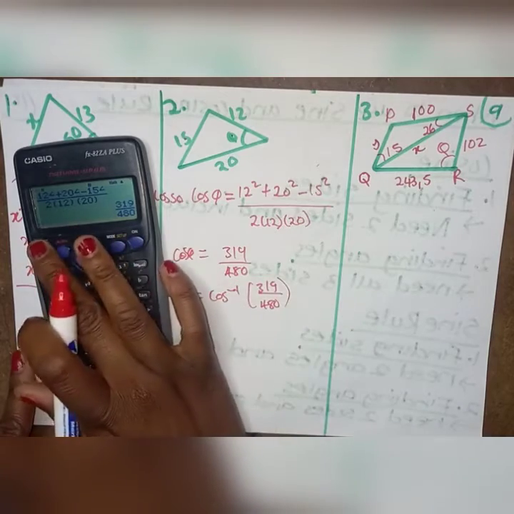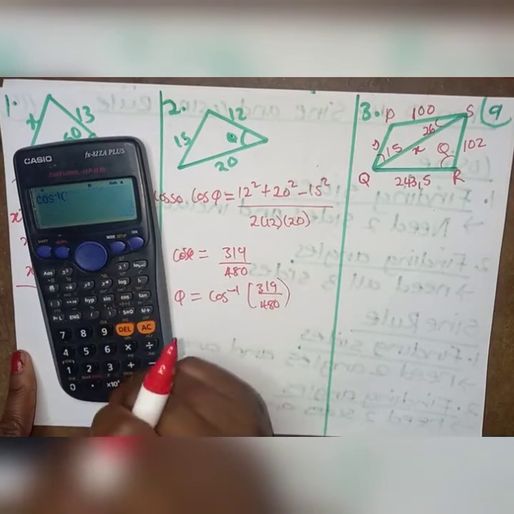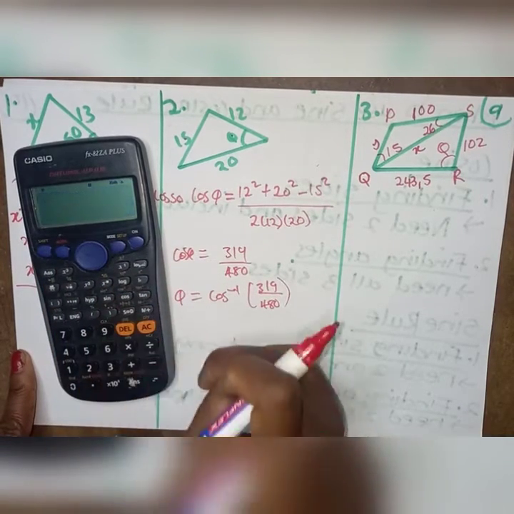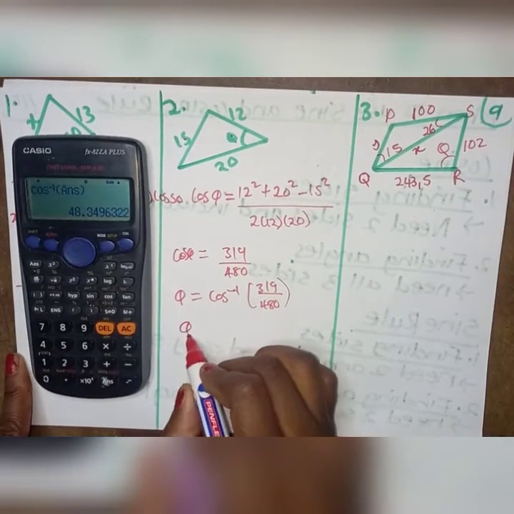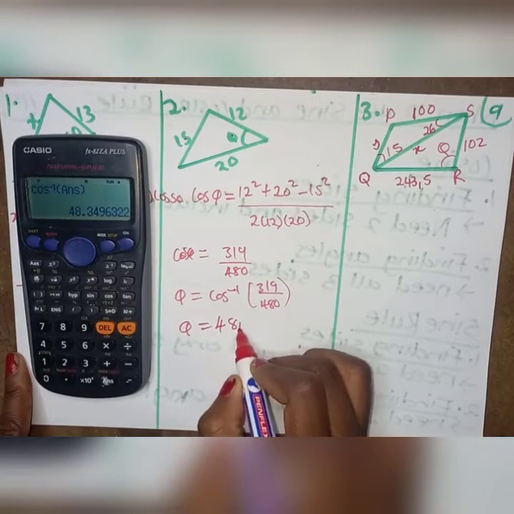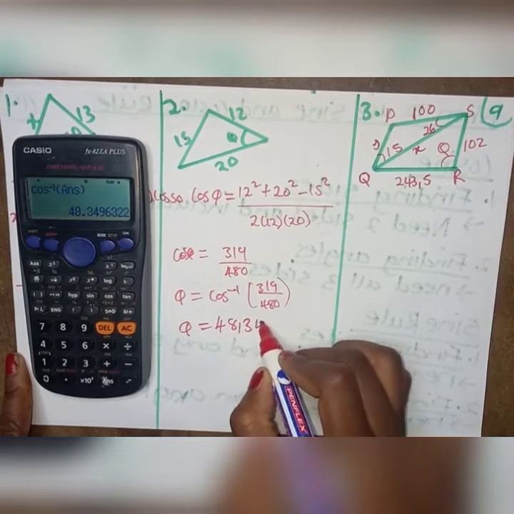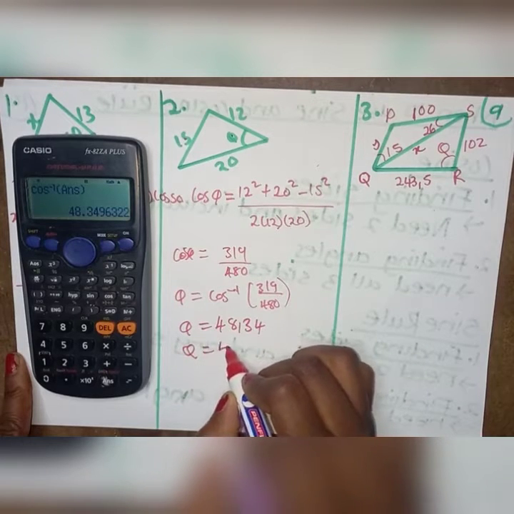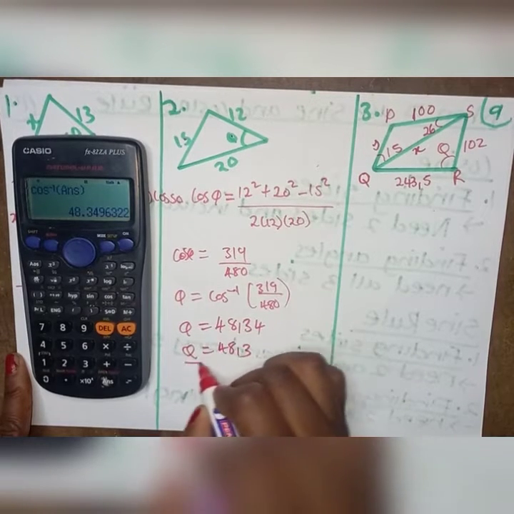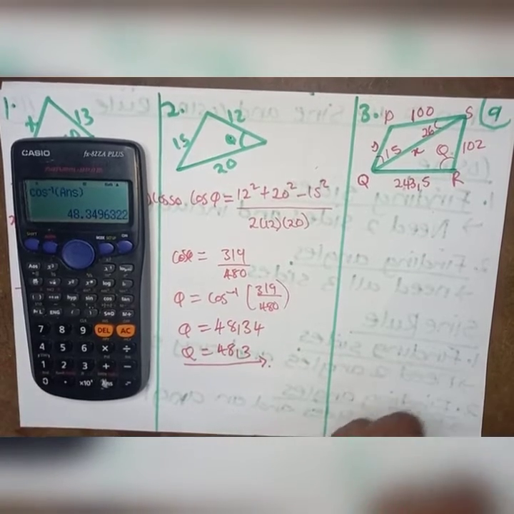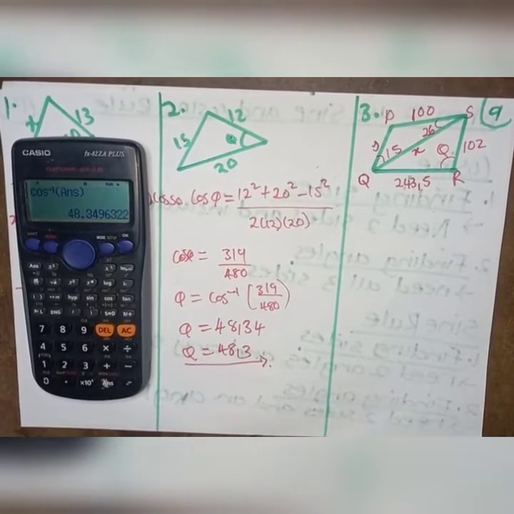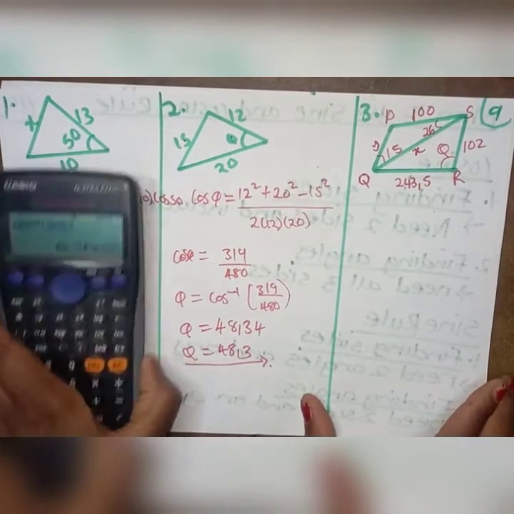So I'll just say shift cos, my answer, close bracket, and then I get my solution for theta as 48.34. So theta is equal to 48.3. Okay. Hopefully you guys were following. And then try and do the last question on your own and see if you are able to apply the concepts that we have learned so far on the cosine rule.